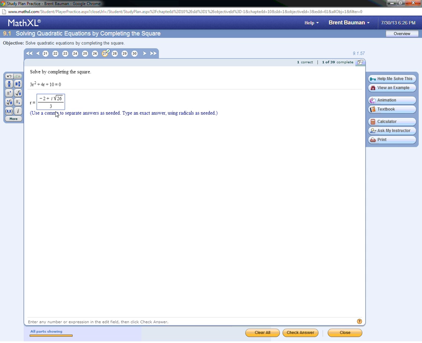Again, now we just use the comma, and I'm using a comma because the directions are telling me to use a comma to separate answers. And we're basically going to type it in again, but this time we want minus i square root of 26 over 3.